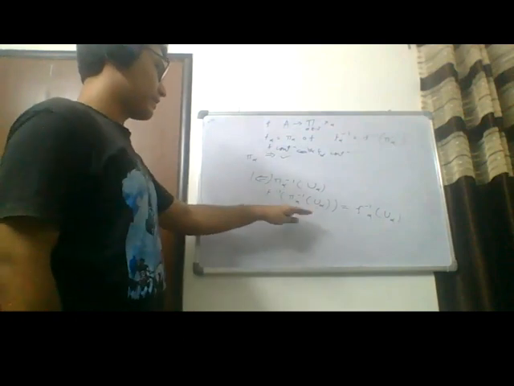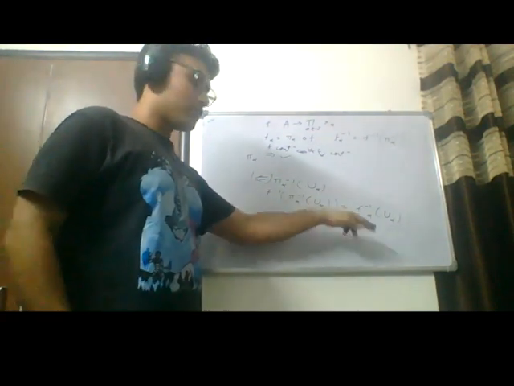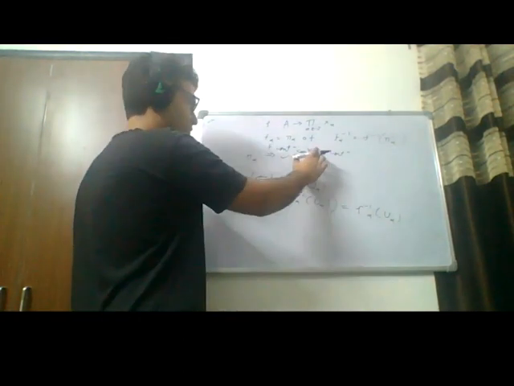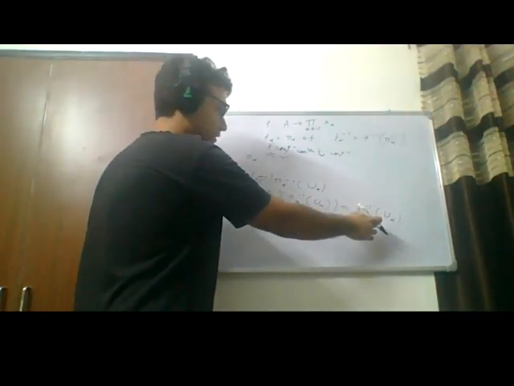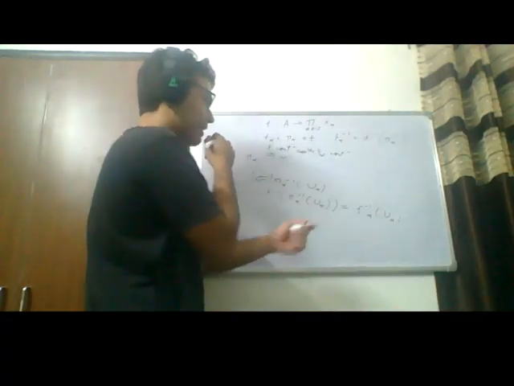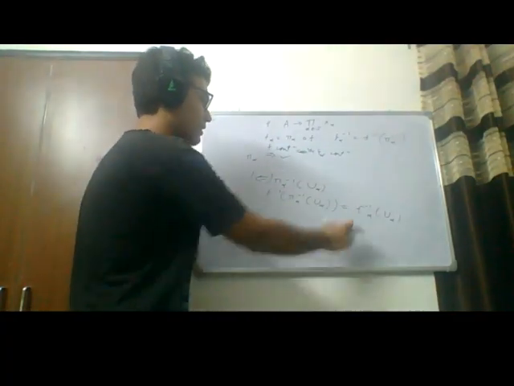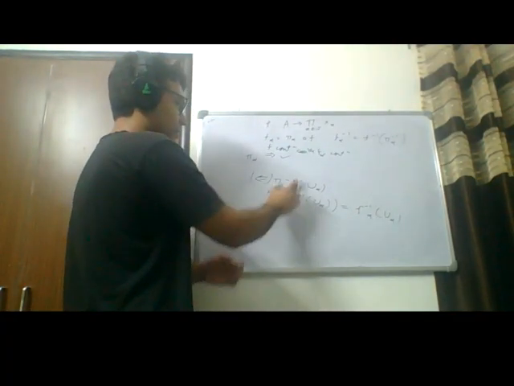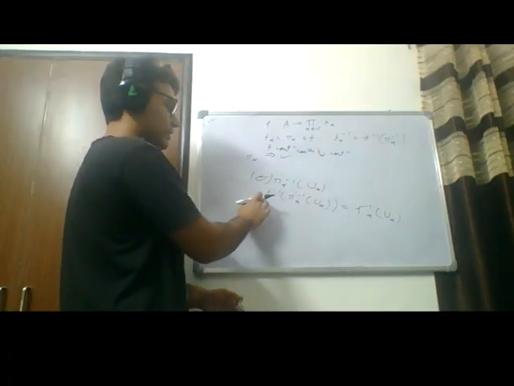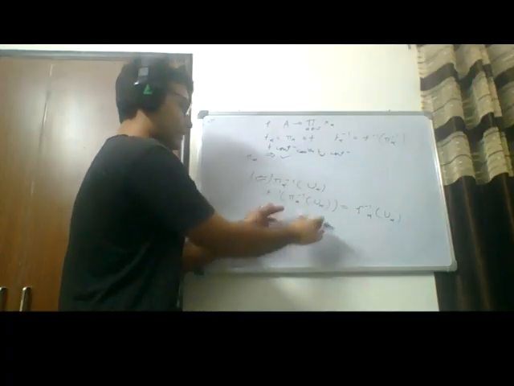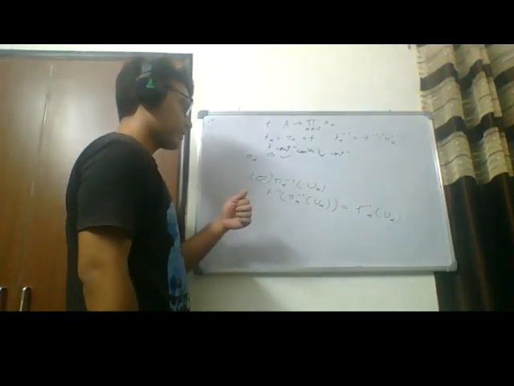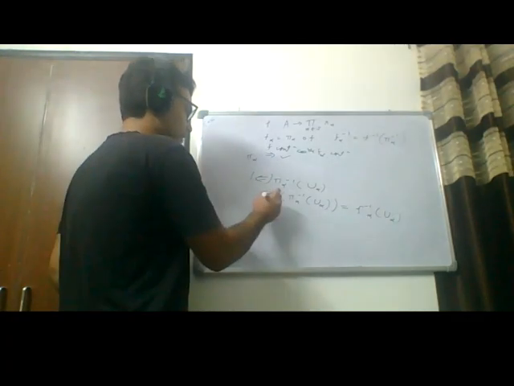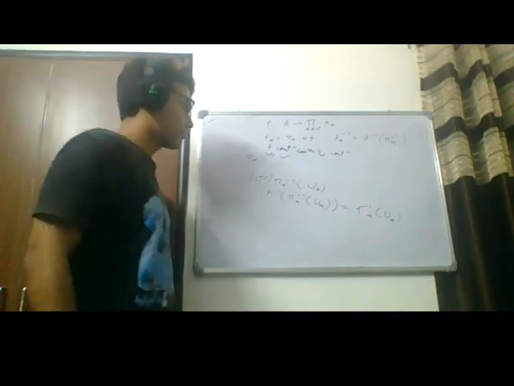Since the choice of alpha here was arbitrary, we need every f alpha to be continuous, but since every f alpha is continuous, we can use the equality and show that the inverse image of a subbasis open set is an open set. So that's how we show that f is continuous.